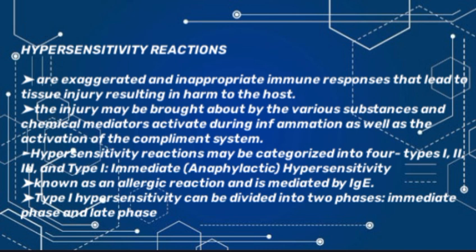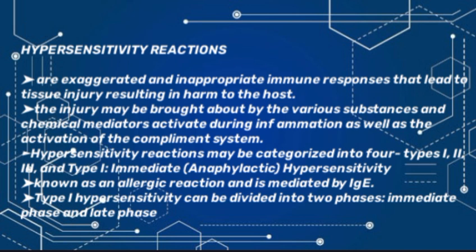Hypersensitivity reactions may be categorized into 4 types: Type 1, Type 2, Type 3, and Type 4. So, Type 1 immediate hypersensitivity is produced by the immune system in response to environmental allergens such as pollens, animal danders, or dust mites.